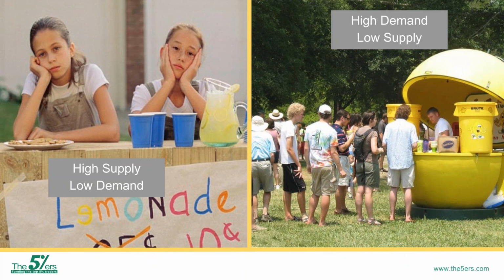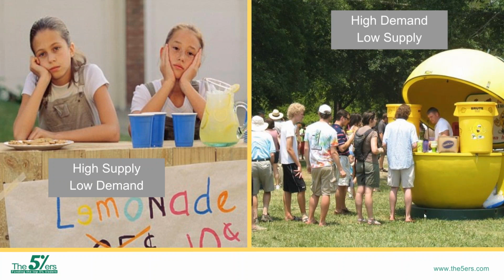Because they don't have a demand for their product, and they have a lot of product on the table waiting for buyers. That means they have a lot of supply with no buyers, so they will be willing to lower the price until they get buyers.